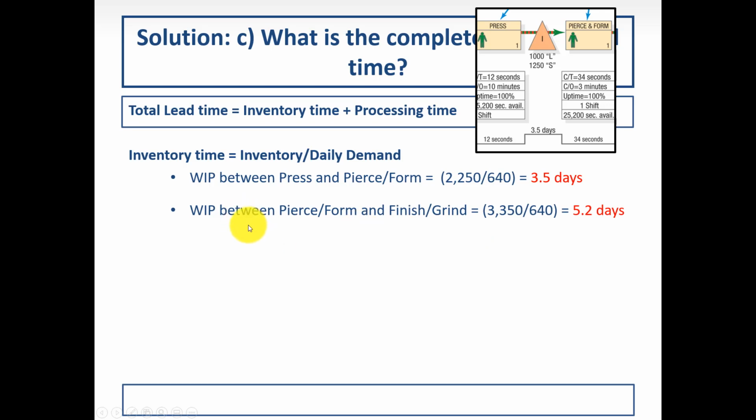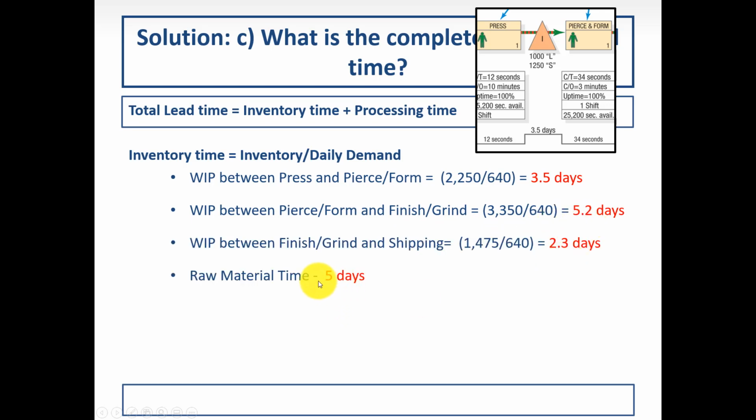We continue with the following calculations, just like before. We calculate, and eventually raw material is already expressed as days. So we can say that the total inventory time is 16 days. This is what it takes, just waiting for a single part.